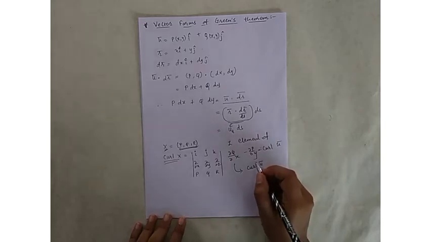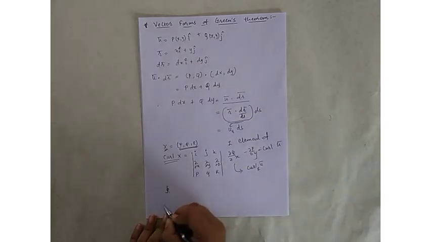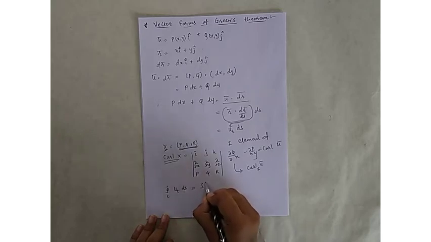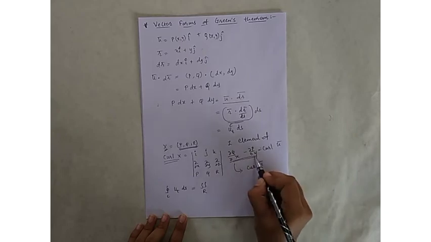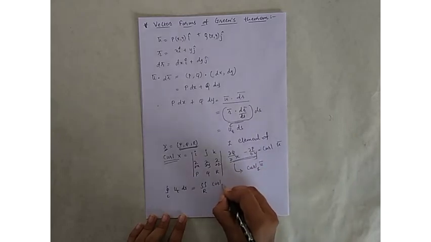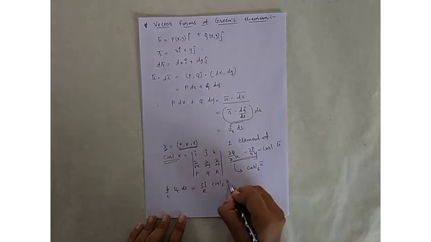So from Green's theorem, the integration on closed smooth curve C of ut ds is equal to the double integration over R, and instead of this function I can write the z element of curl u bar.